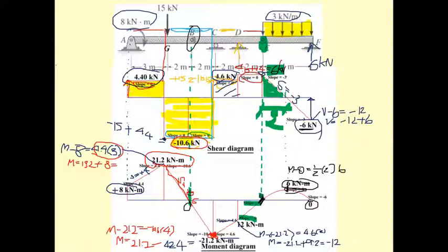If you can recall them, that means you understand what you are doing. Okay, and we will go to the drawing of shear diagram and moment diagram of a frame in the next clip.